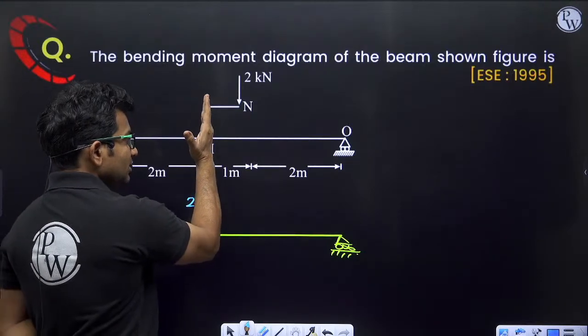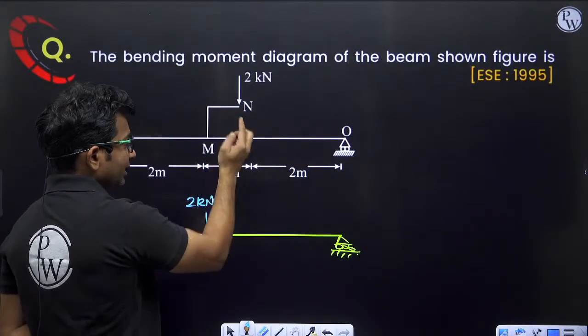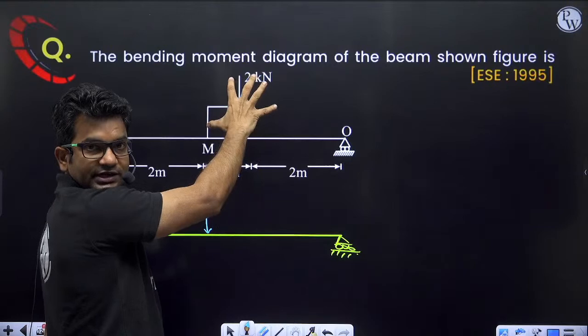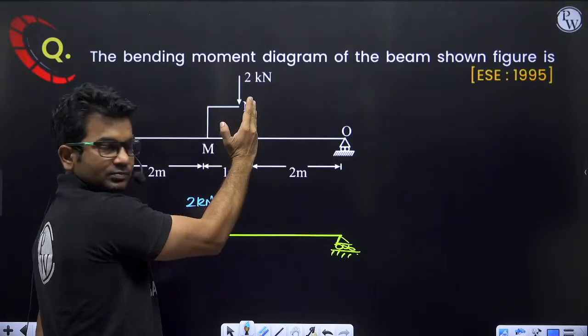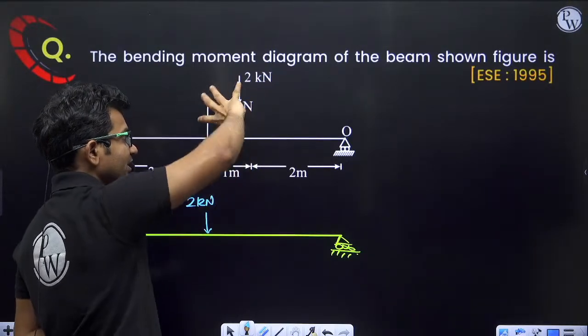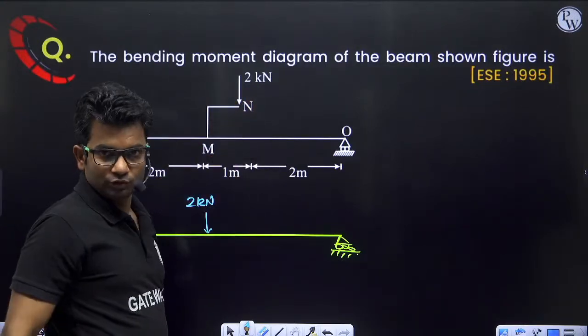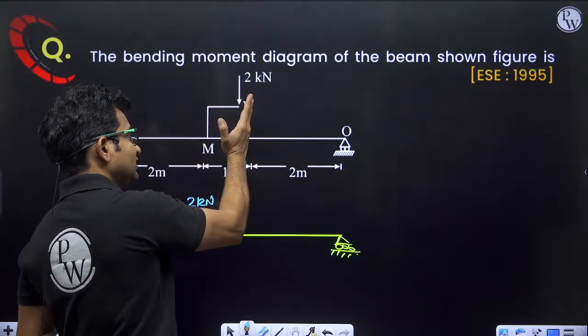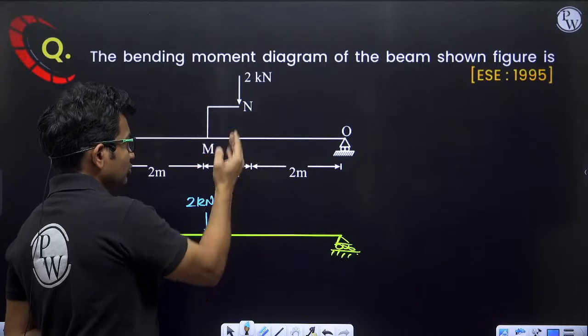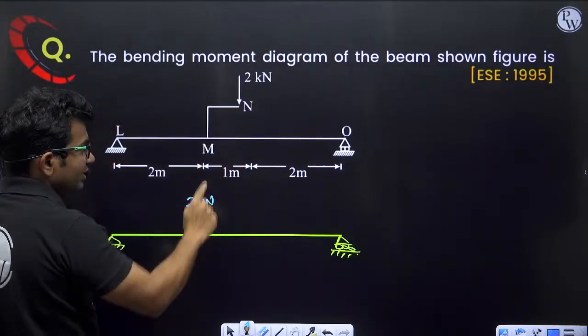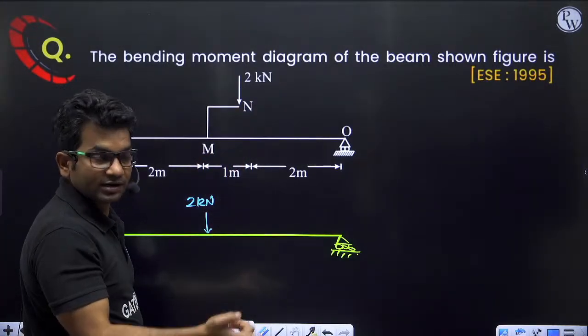Now in the original case, this load is acting at some distance from M. Because of this distance, it is producing a moment also. So when I transferred this load here, I have not considered the moment that was coming.